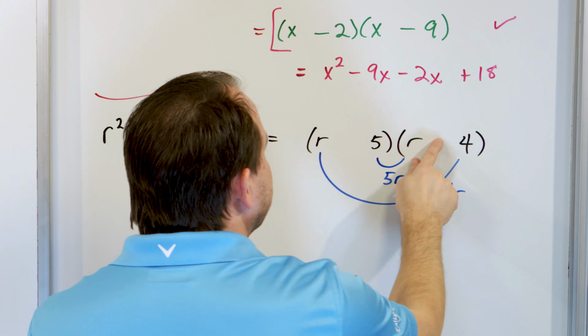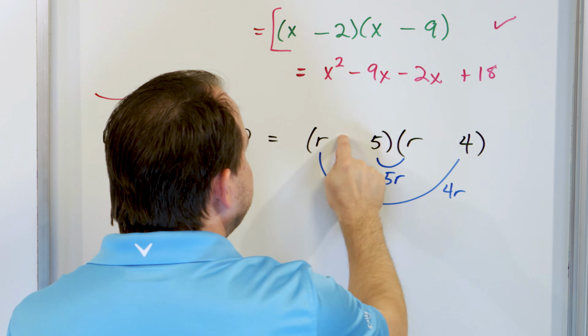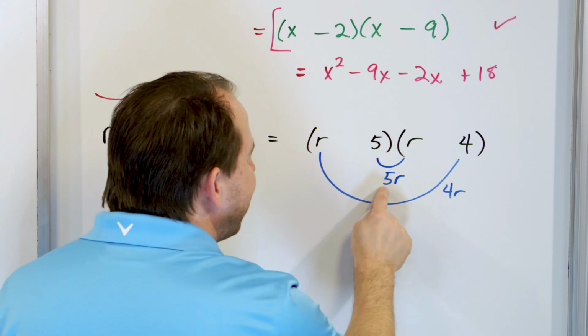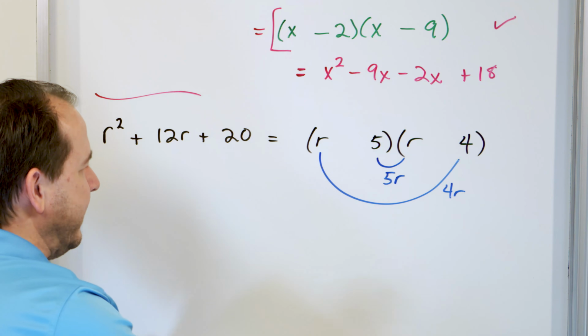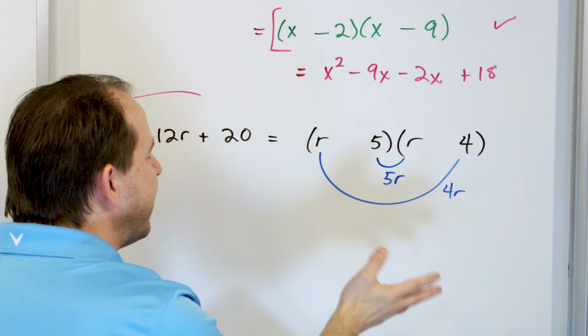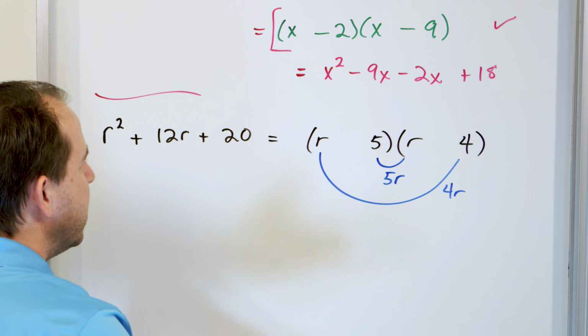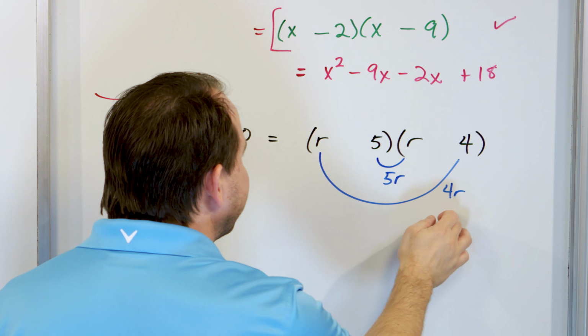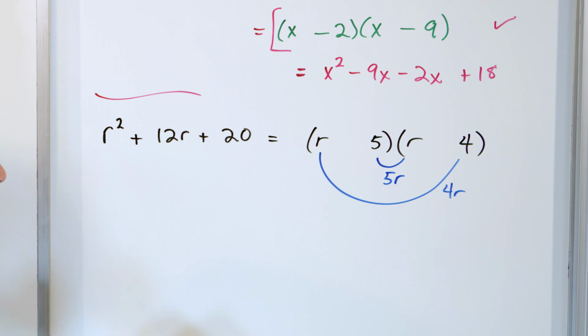So all I can do is alter the signs of these things by putting different signs in place. But even if I add them, I might get 9r, or if I subtract them, 5 minus 4 or 4 minus 5, I might get 1 or negative 1. But there's no way that I can add or subtract them to ever get 12.